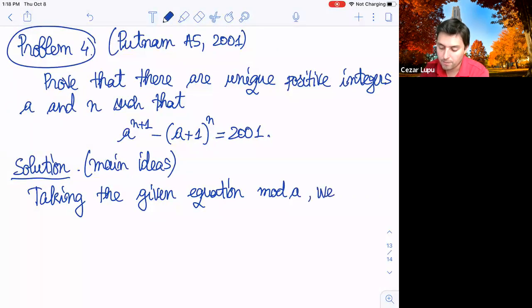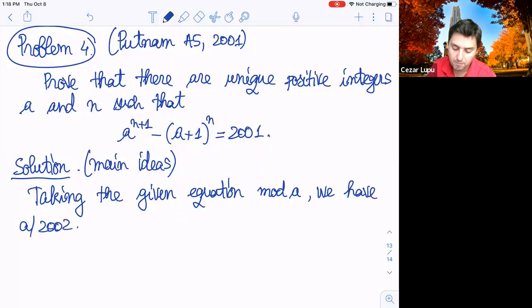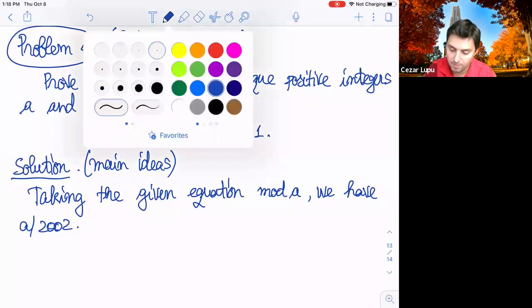Mod a, that term will just vanish: a to the power n plus 1, all this with a will vanish. But we have this 1. So it will imply that a divides 2001 plus 1, the last term, which is 2002. So taking mod a, this is the first step.